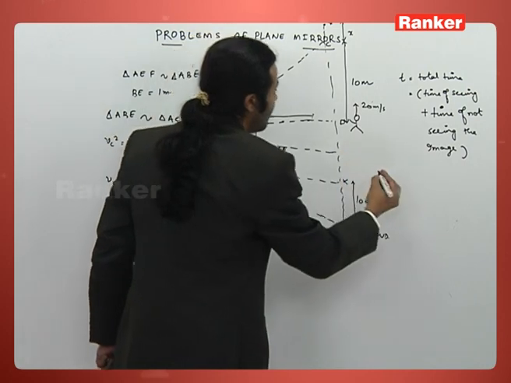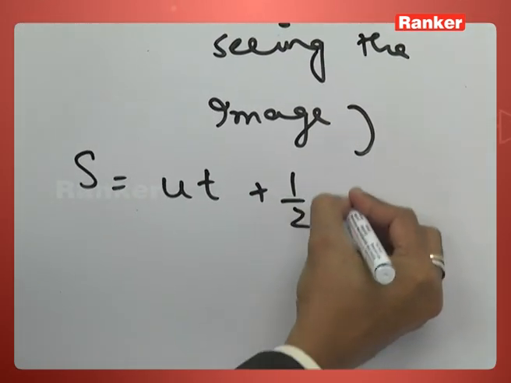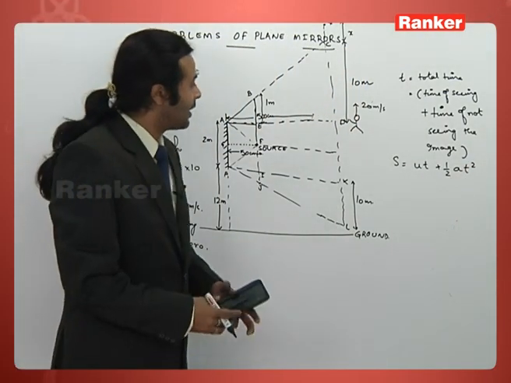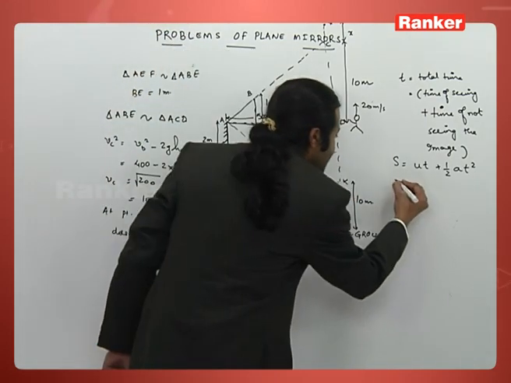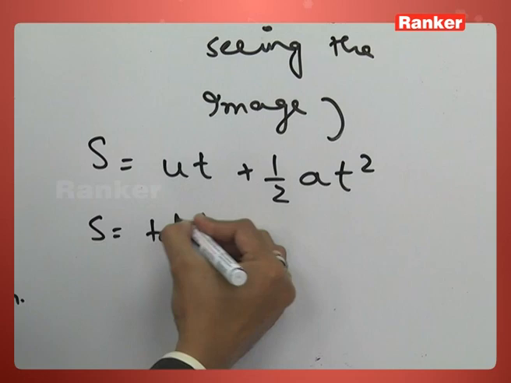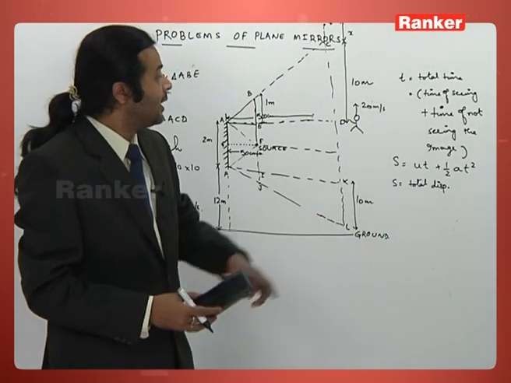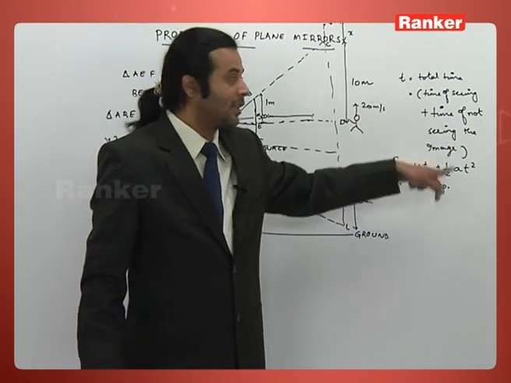This is 10. Find out by S equals ut plus half at square, where S is the displacement. Let us calculate this displacement, and this is the total displacement. Total displacement means the displacement for which he is seeing the image and the displacement for which he is not seeing the image.